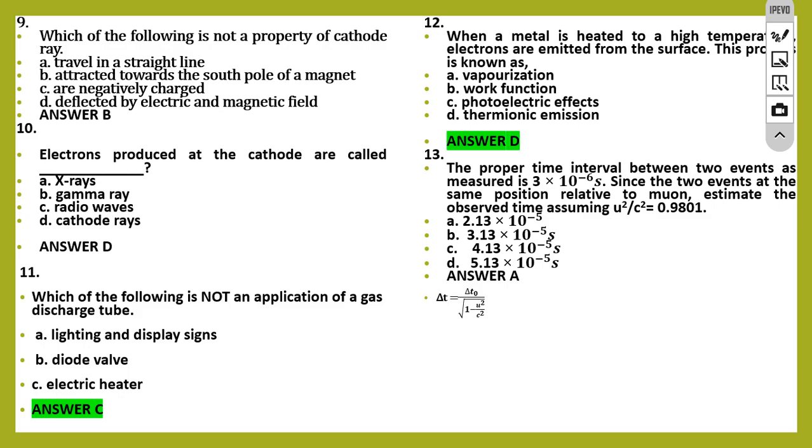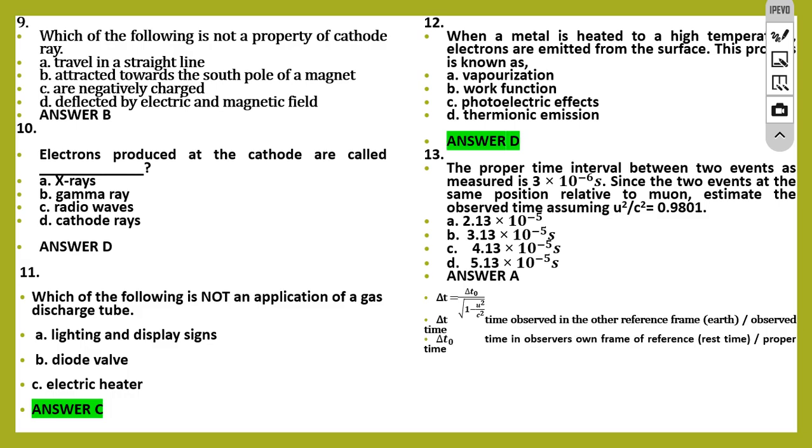Here the proper time interval between the two events is 3 times 10 to the power minus 6 seconds. The observed time in the other frame of reference is Δt, and t naught is the proper time.